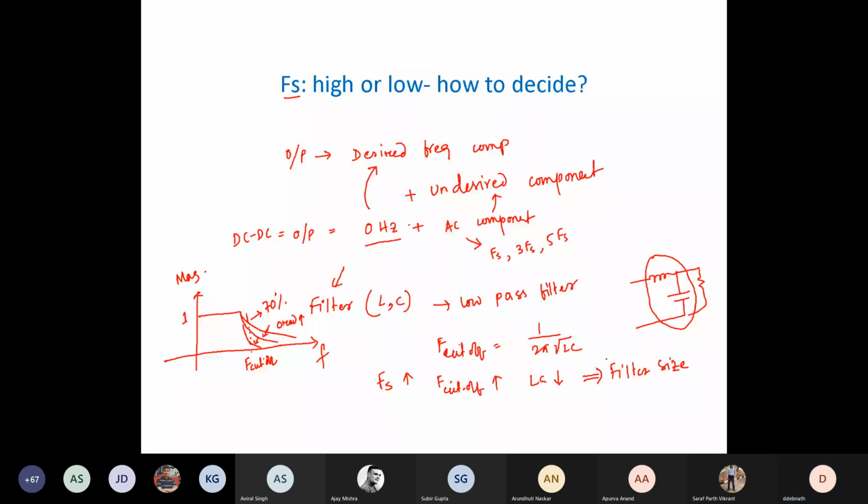But with an increase of switching frequency, Fs, our switching loss also increases. There is another problem known as EMI, EMC. EMI also increases, but let us not go into that detail.